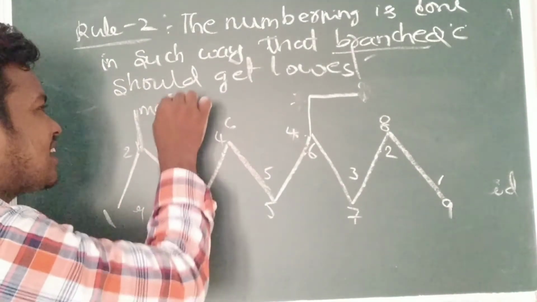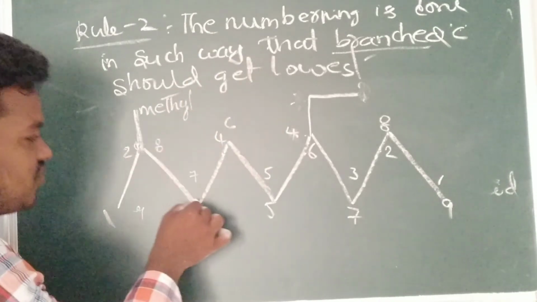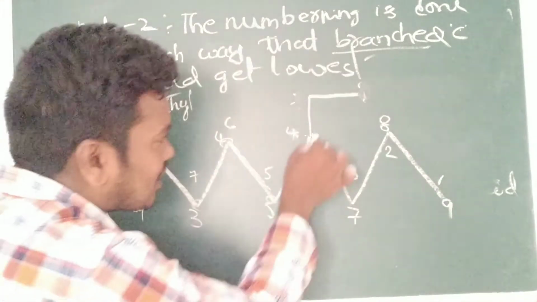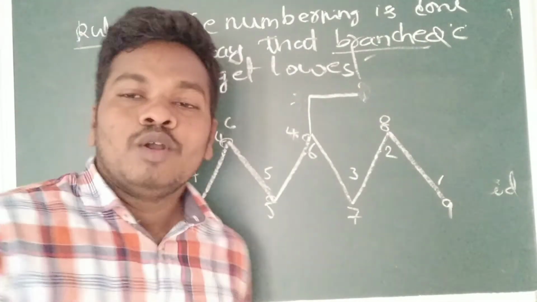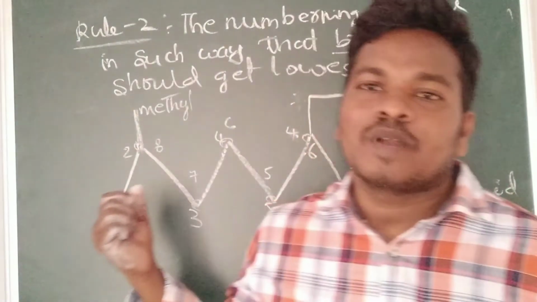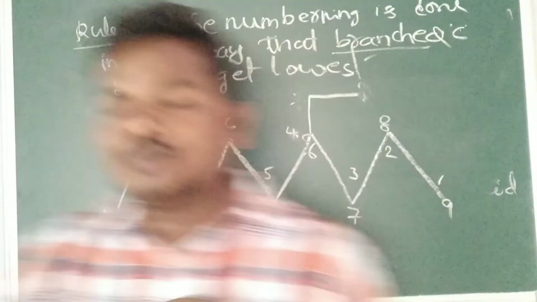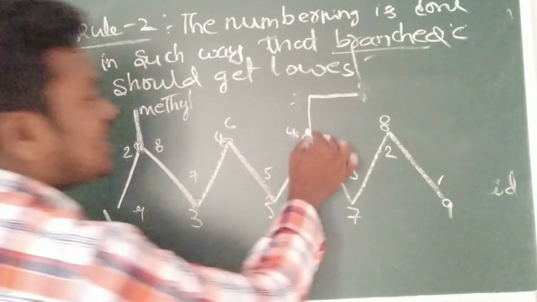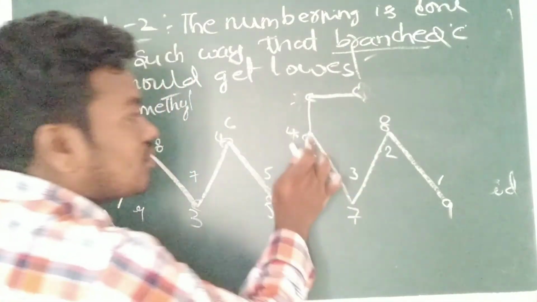Methyl. Last class we learned bond line structure. Here, carbon is everywhere. Of course, hydrogens also will be there. Don't think that only carbons are present, hydrogens are also present. So here is a methyl, here a carbon will be there, here also a carbon.